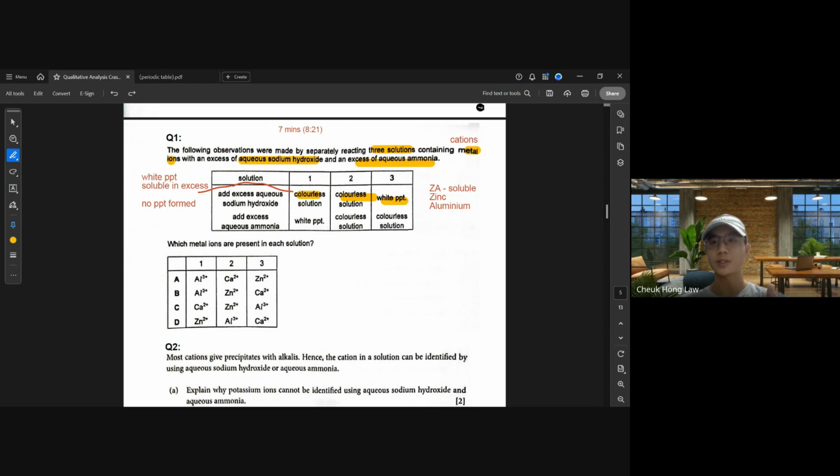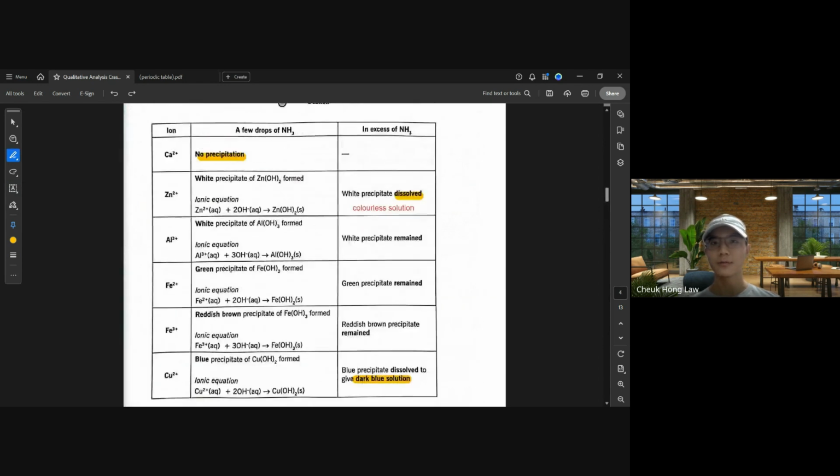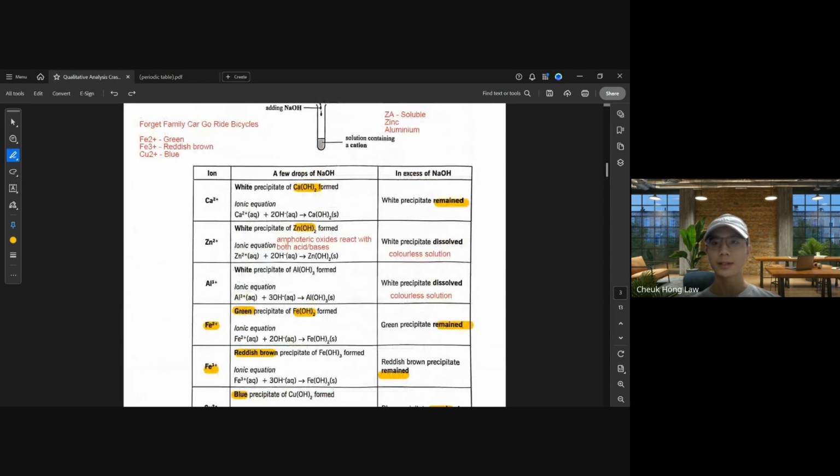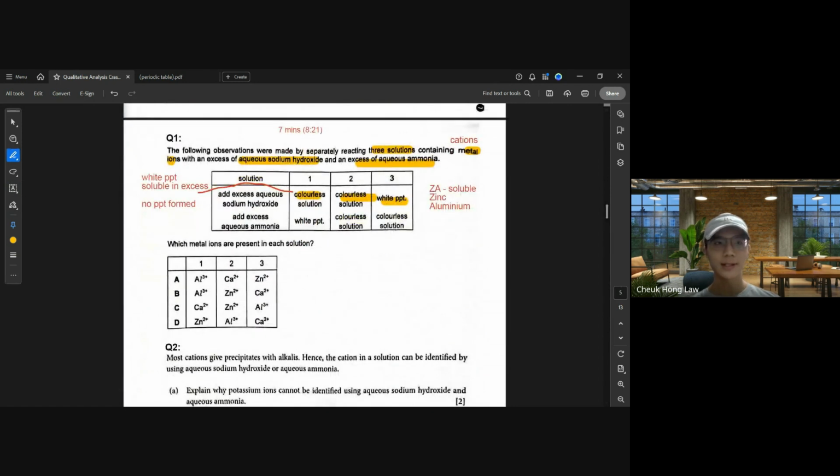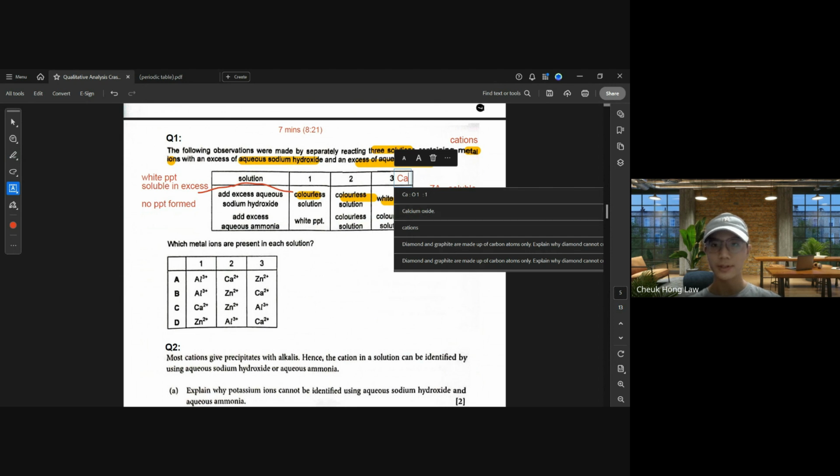There's only one white precipitate insoluble in excess, which is calcium hydroxide. So most likely 3 is calcium.